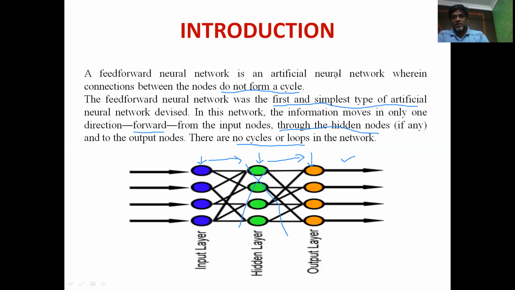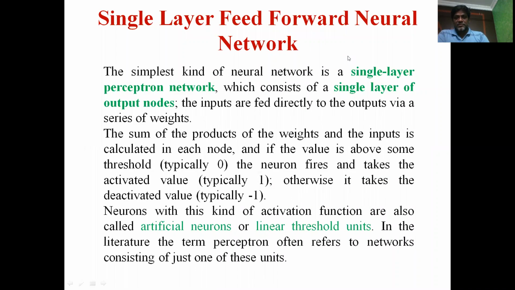We'll see shortly how single layer feed-forward neural networks will be designed, and also how multi-layer feed-forward networks will be designed. This example is an example of a multi-layer feed-forward neural network. So this is a simple introduction to feed-forward neural networks.